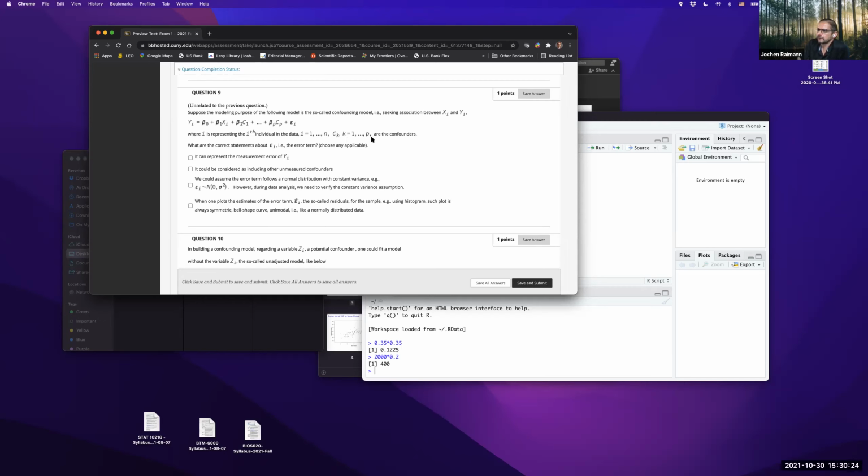The Ck are the confounders. So we see beta 0, beta 1, xi. What are the correct statements about the error terms?